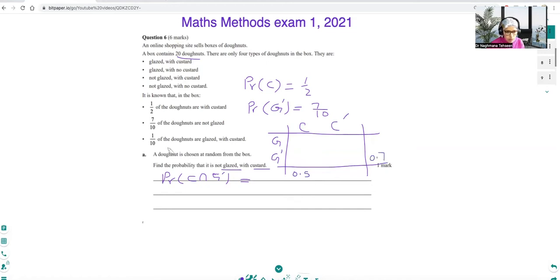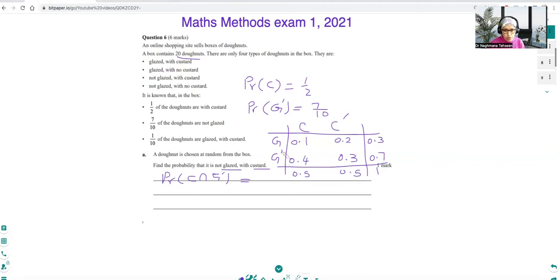We're given that glazed with custard is 0.1. The rest of the numbers we should be able to figure out. This should be 0.3, since the total probability is 1. This is 0.5, so this has to be 0.2, and this has to be 0.3 to make it 0.5. Then this should be 0.4 to make it 0.7. That's how you would do it.